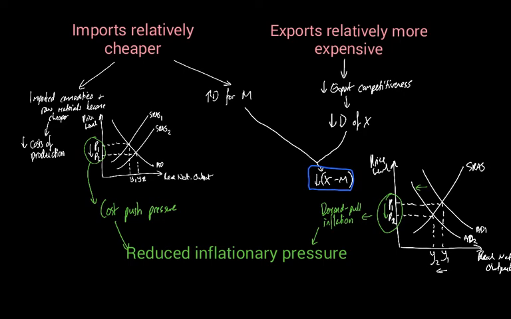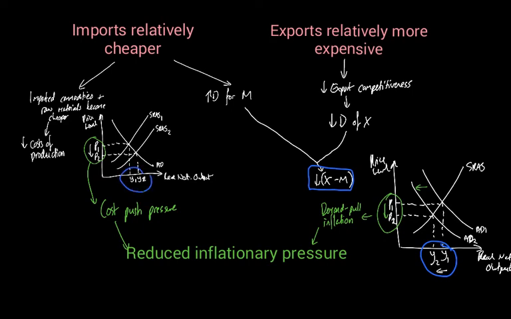The effect on the other elements will be uncertain, but if the demand side effect is greater, then we get a reduction in real national output, and therefore we would expect perhaps an increase in unemployment as well, less derived demand for our labour because of less demand for our exports.